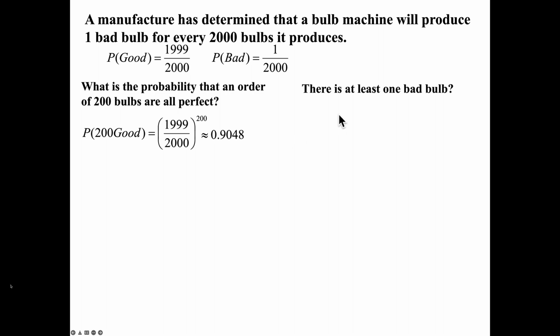All right, what if there is at least one bad bulb? Okay, there's that phrase, at least one. That's my complement. So 1 minus the probability that they're all good. So 1 minus the 0.9048 is 0.0952.